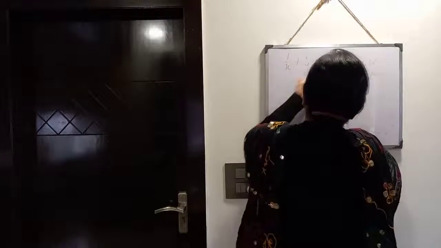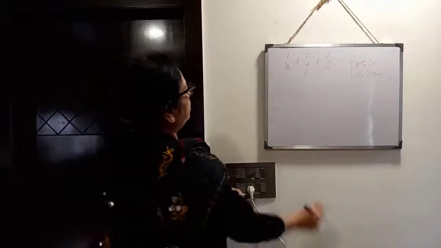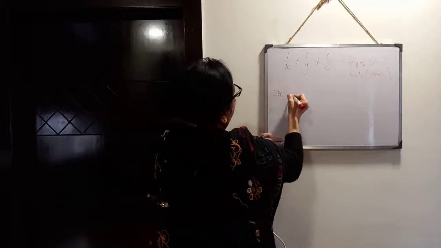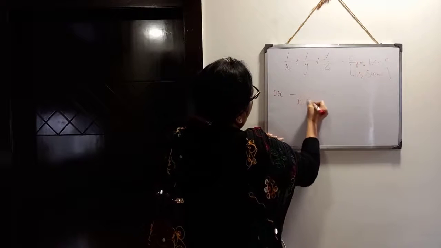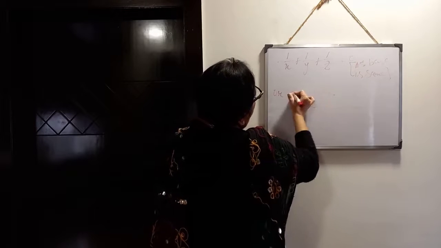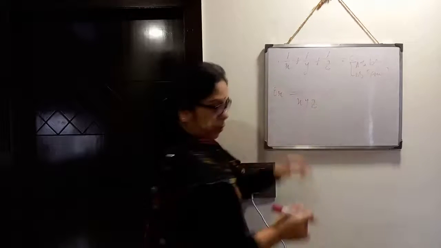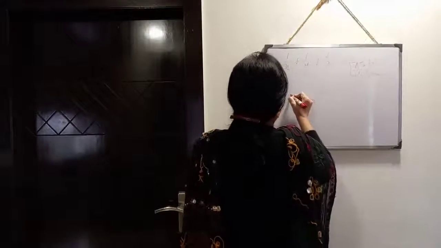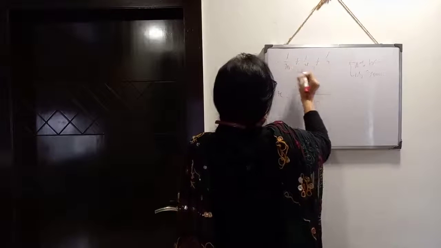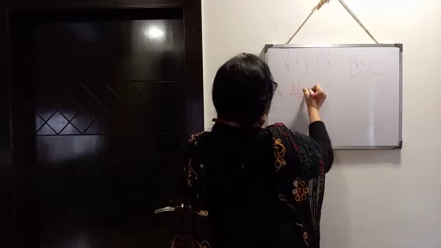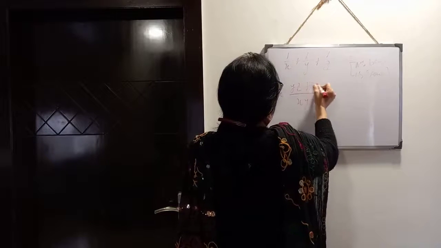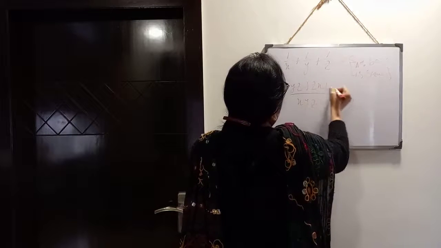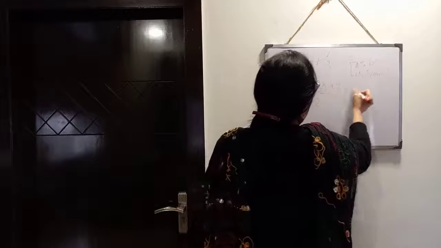Now this is fractional addition, so we have to take the LCM. What is the LCM? LCM is xyz. Now from here, what are you getting? x is there, so yz, y is there, so zx, z is there, so xy, equals 0.